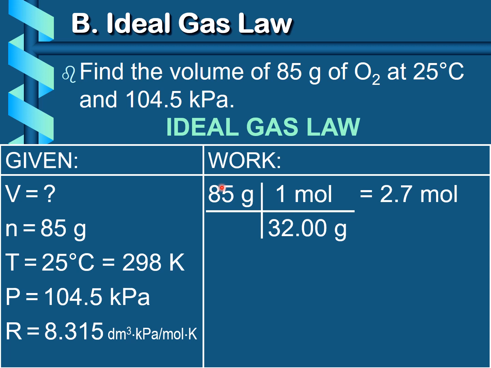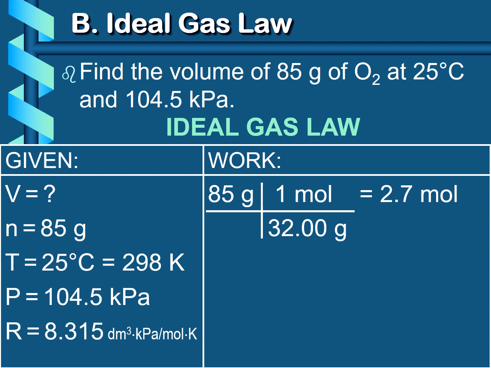The grams cancel out, giving a unit of moles. So 85 divided by 32 is 2.7 moles, which means that 85 grams of oxygen is equivalent to 2.7 moles of oxygen.